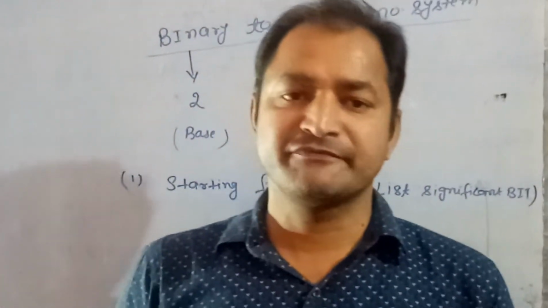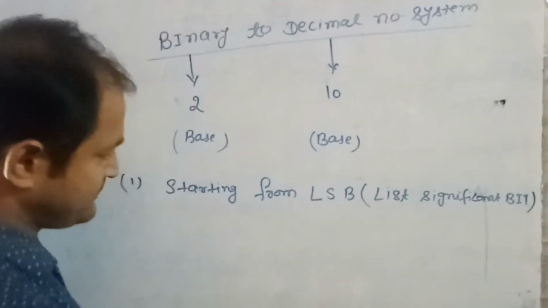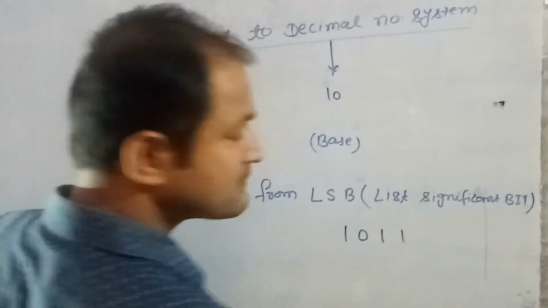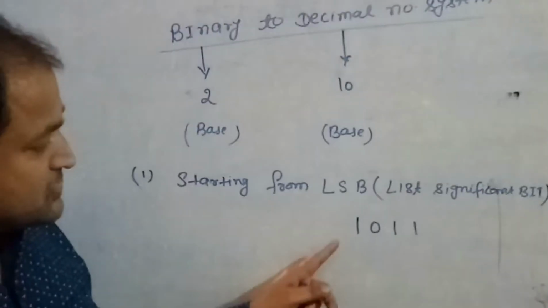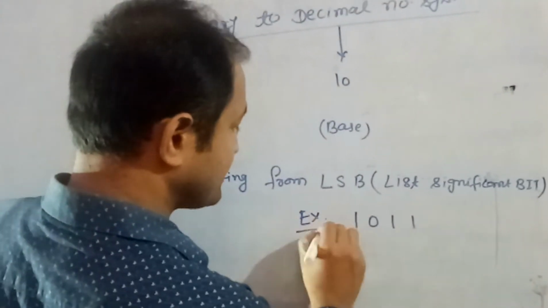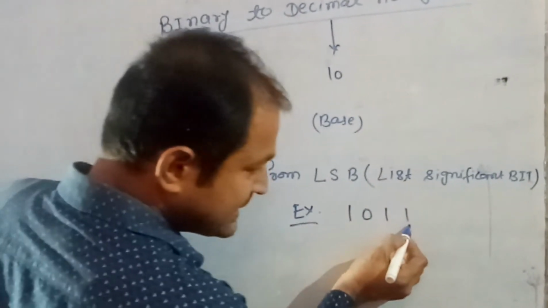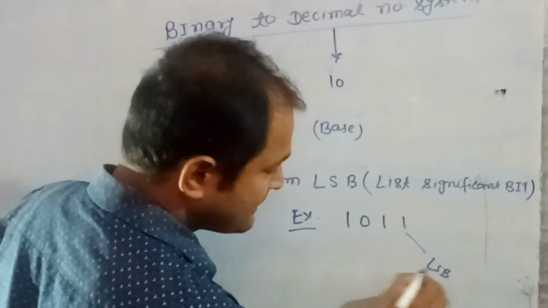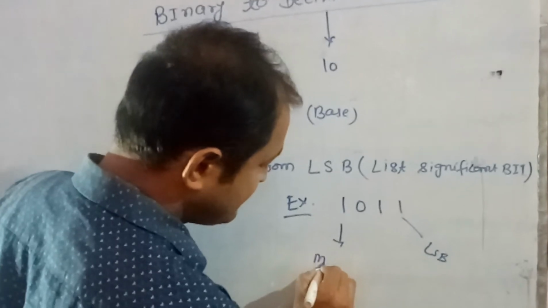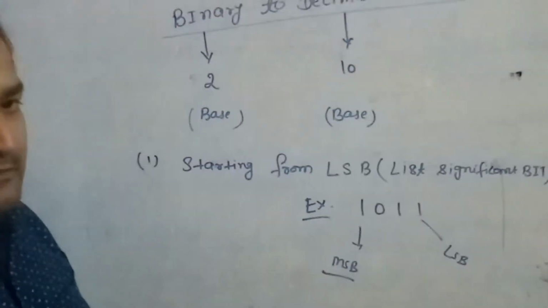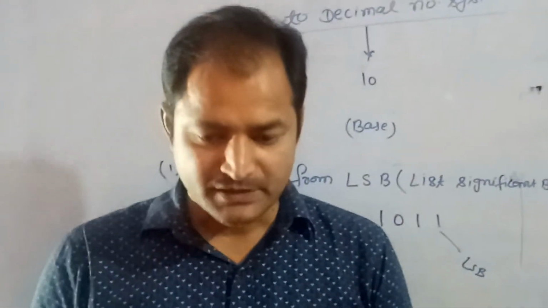LSB full form is least significant bit. Let us take an example: 1 0 1 1. This point is the LSB and this point is the MSB, least significant bit and most significant bit.